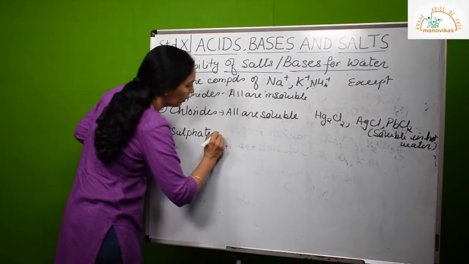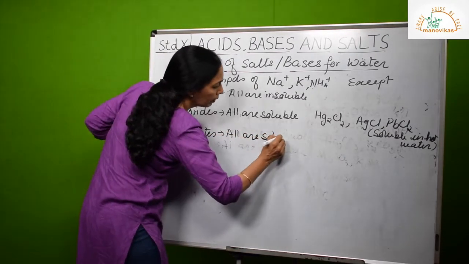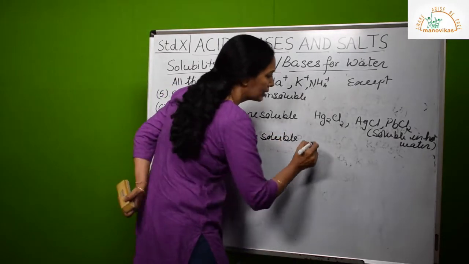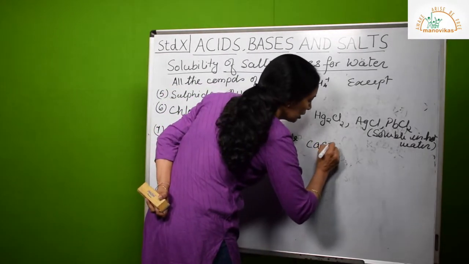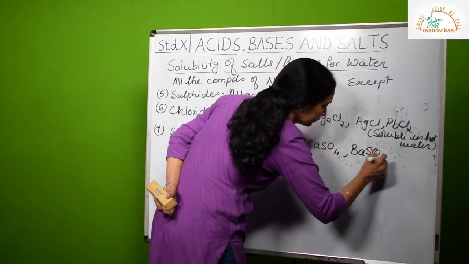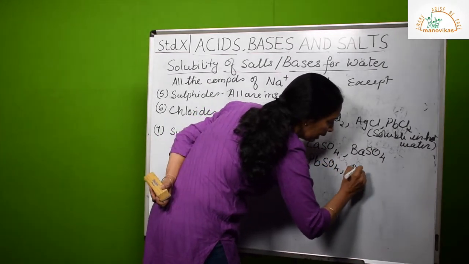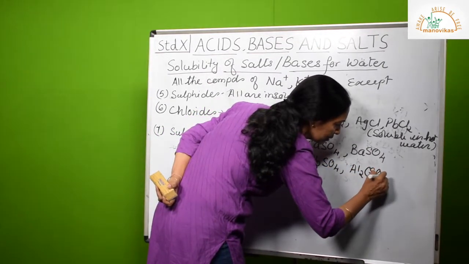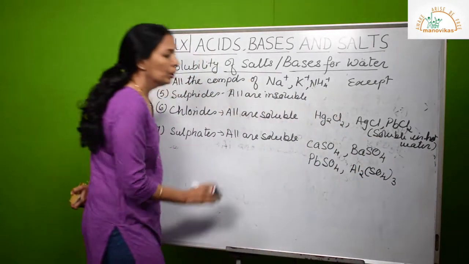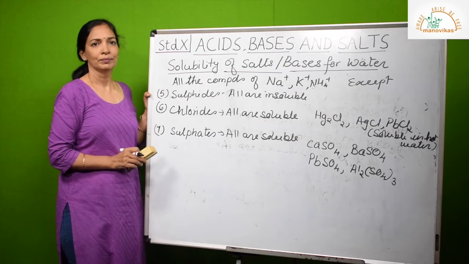Maximum are soluble, all are soluble. Few are exceptions. The exceptions are calcium sulfate, barium sulfate, lead sulfate, PbSO4, and aluminium sulfate. These four are insoluble, remaining all are soluble.